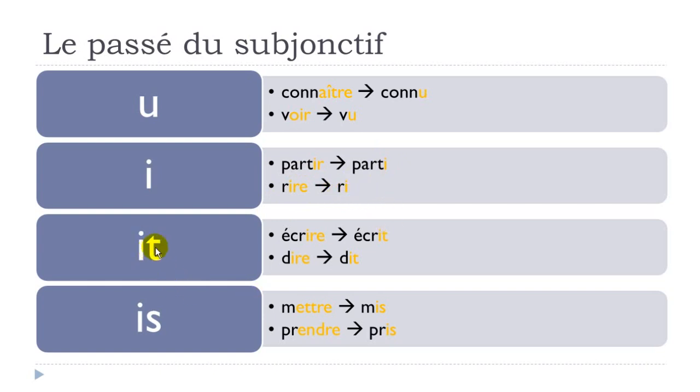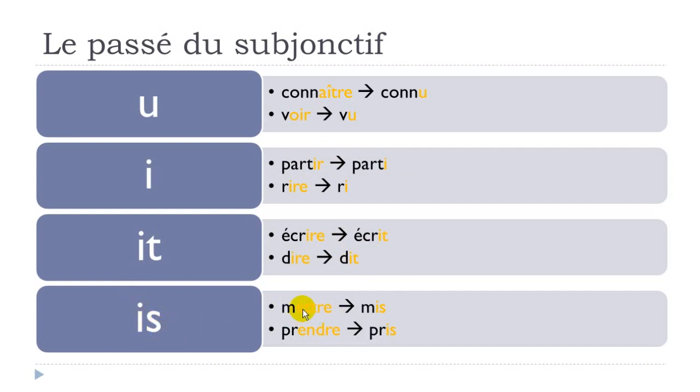Okay? And then the IT, phonetically you pronounce I because final T is not pronounced, but still. Écrire, to write. Écrit. By the way, partir is to leave, rire is to laugh. Okay? So écrire, to write, will become écrit. Dire, to say, will become dit. All right? And then IS now, final S not pronounced, but still you need to write it.